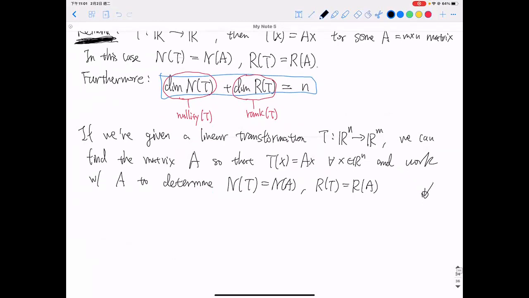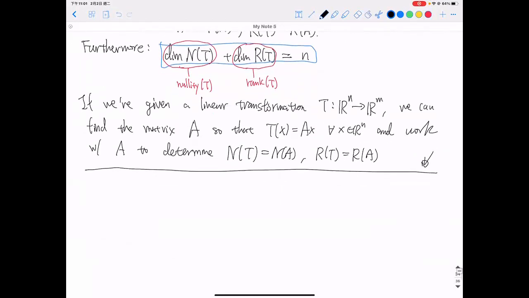Now let's consider something special for linear transformations. Let's call it a definition here.